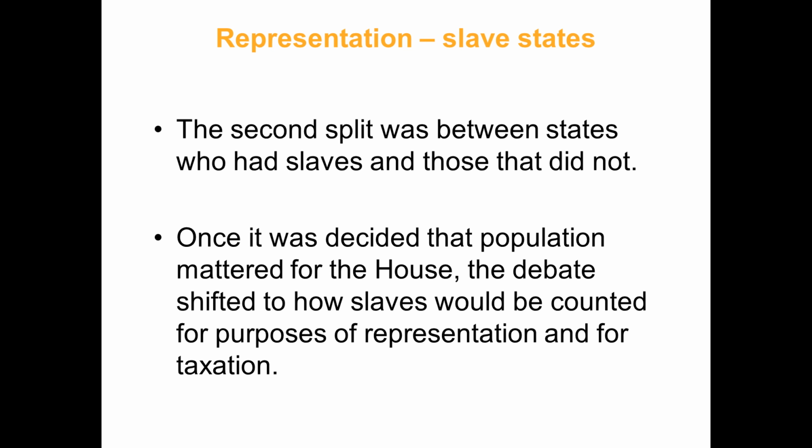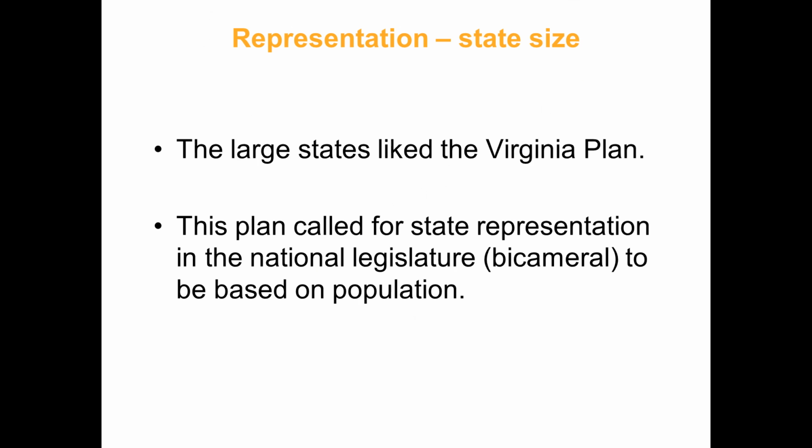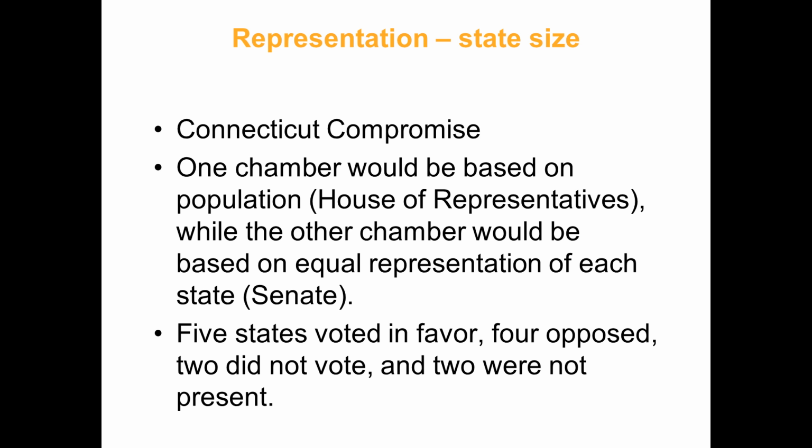Given this, the question of how slaves should be counted for purposes of representation becomes important, right? There's a substantial slave population, mostly in the states in the South. So it's a question: how are they going to be counted? Are they going to be counted like citizens to give these states more representation, or left out?